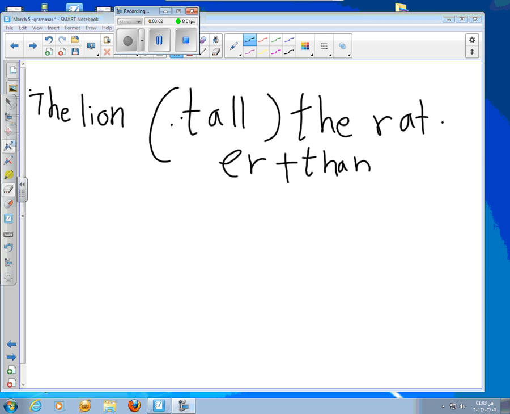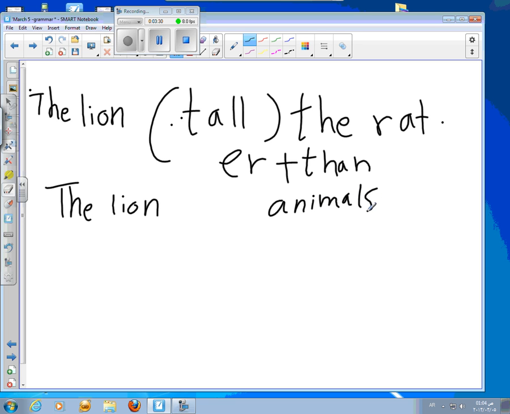Clear? Okay, suppose I want to compare one to a group, one and many. What will I add to the adjective? For example, the lion and other animals, using the adjective fast.